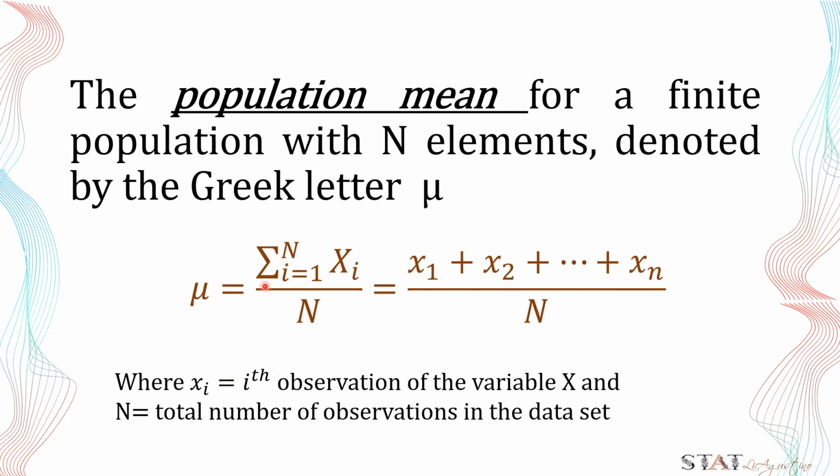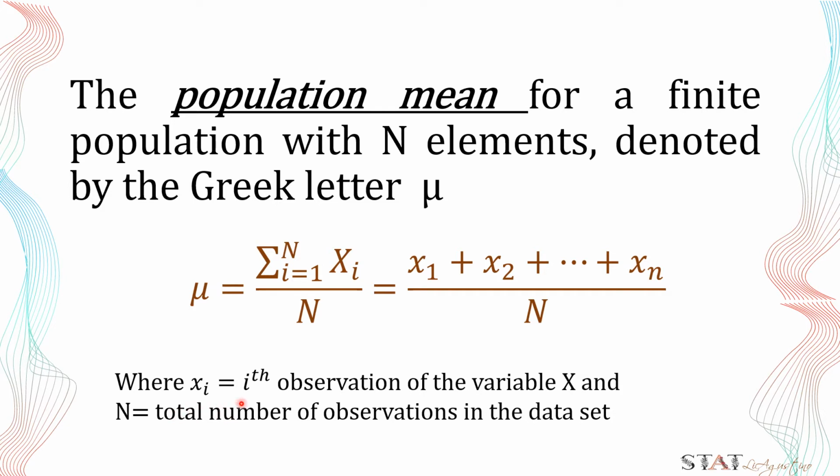So let's proceed. Mu, or the population mean, is equal to the summation of xi, where i ranges from 1 to N, over the population size, the number of observations, and that is equal to x1 plus x2 plus ellipsis plus xN over N. Actually, this should be capital letter N because I'm talking about the population size or the population data.